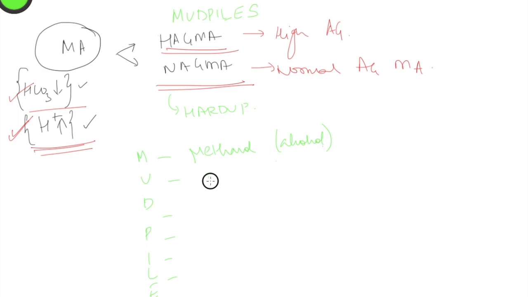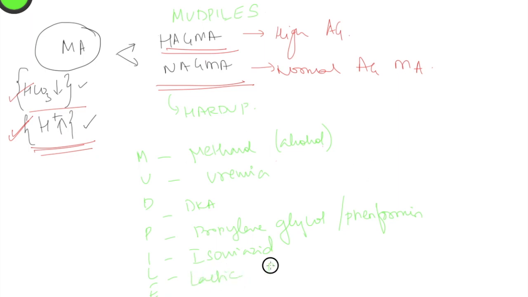Okay, then U is for uremia, D for diabetic ketoacidosis, P stands for drugs like propylene glycol, or phenformin consumption. I is for drugs like isoniazid, L for lactic acidosis, E for ethylene glycol, and S is for salicylates.